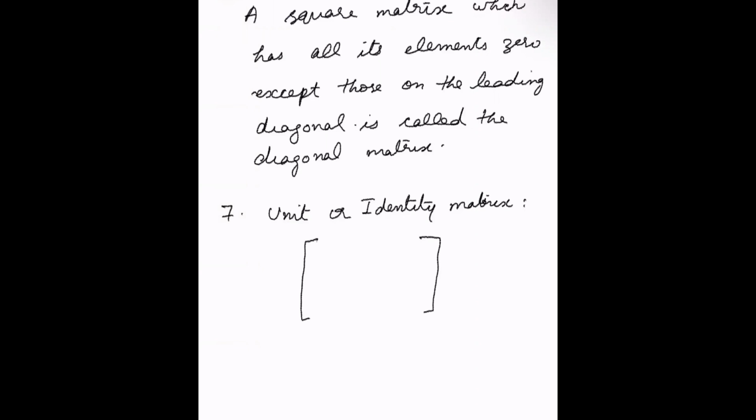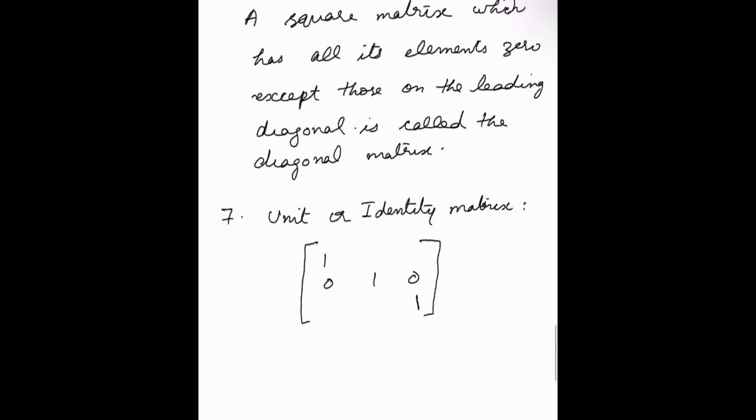All the other elements are going to be 0. So here, all the leading diagonal elements are going to be 1. Then that's called a unit or identity matrix.